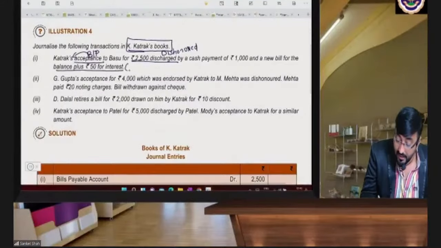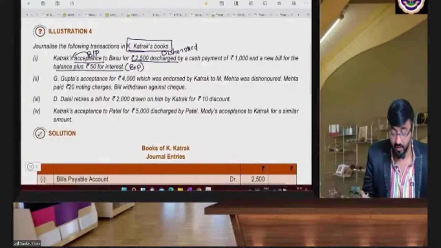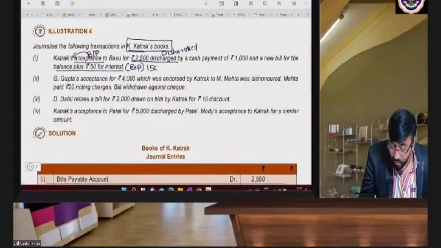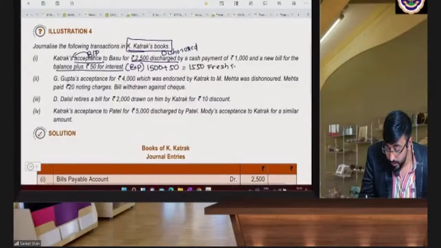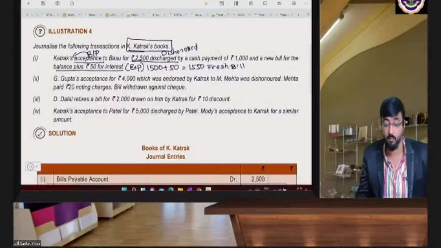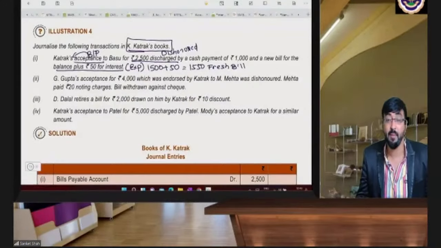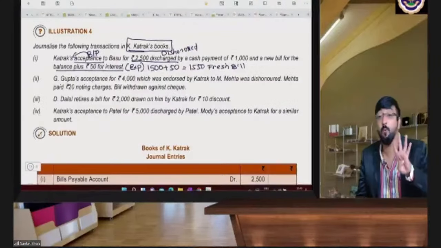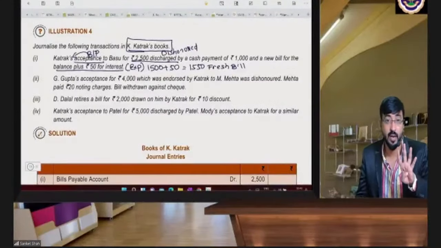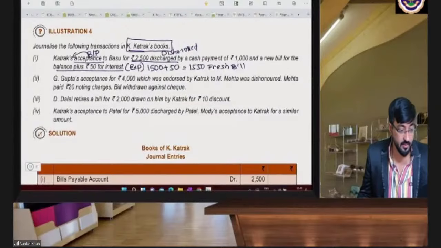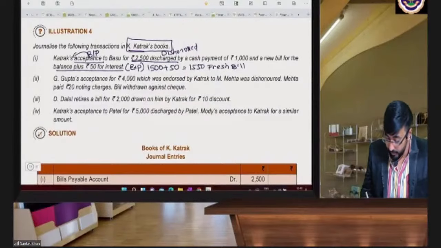Now this interest is our expenditure. So new bill is of 1,500 plus 50. So fresh bill you can write over there. Fresh bill is of 1,550 and cash payment of 1,000. But I am going to pass 4 entries in this. Understand. Why 4 entries?